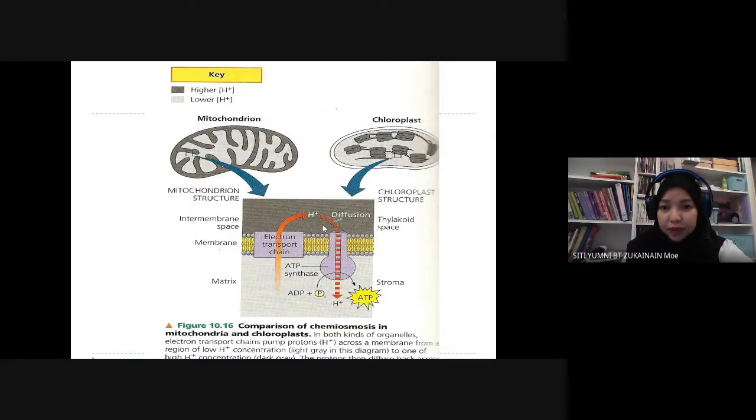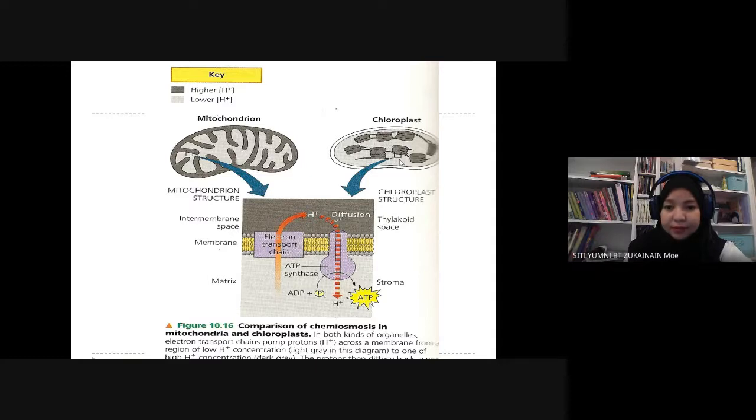The hydrogen concentration in the thylakoid space is higher, so it will diffuse into the stroma, the lower concentration. So at the stroma, ADP is converted to ATP, right?